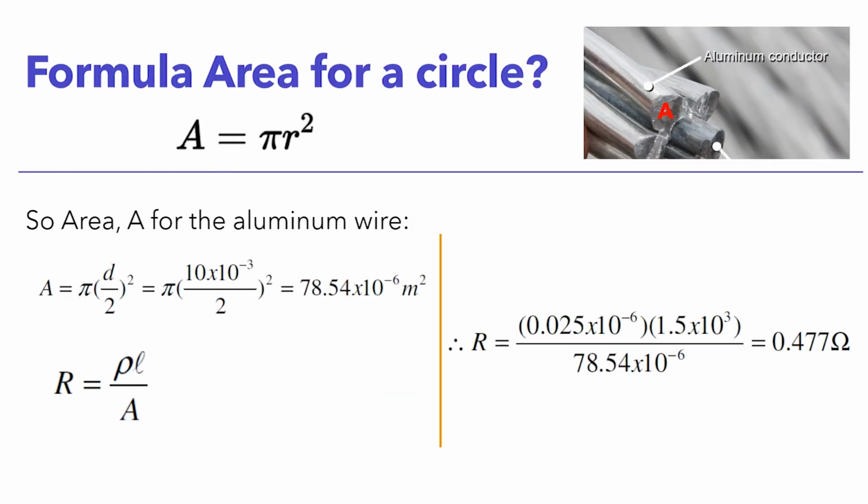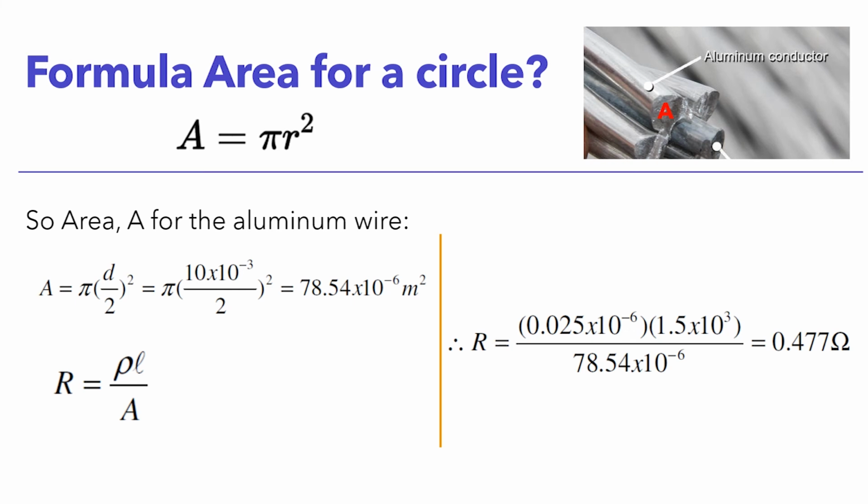Okay, let's solve this example together. Still remember the formula for area of a circle? A equal to pi r squared. Okay, as we know, for the aluminium conductor, the cross-sectional area is a circle. So, the area for the aluminium wire, A equal to pi r squared. So, we have been given the diameter. So, to get the r, we divide the diameter by 2.